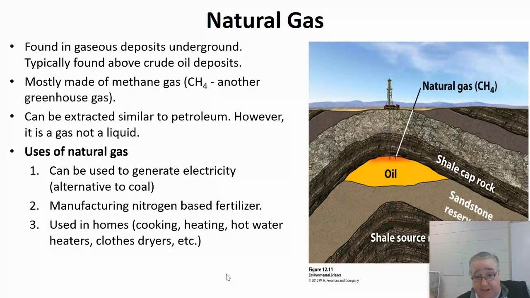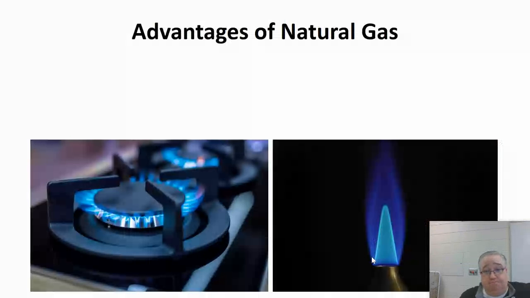The heaters in our home, hot water heaters, our clothes dryers, a lot of these appliances use natural gas in order to work. So a lot of things in our daily lives that we depend on, we need natural gas for those things. All right, so make sure we understand some of the uses.